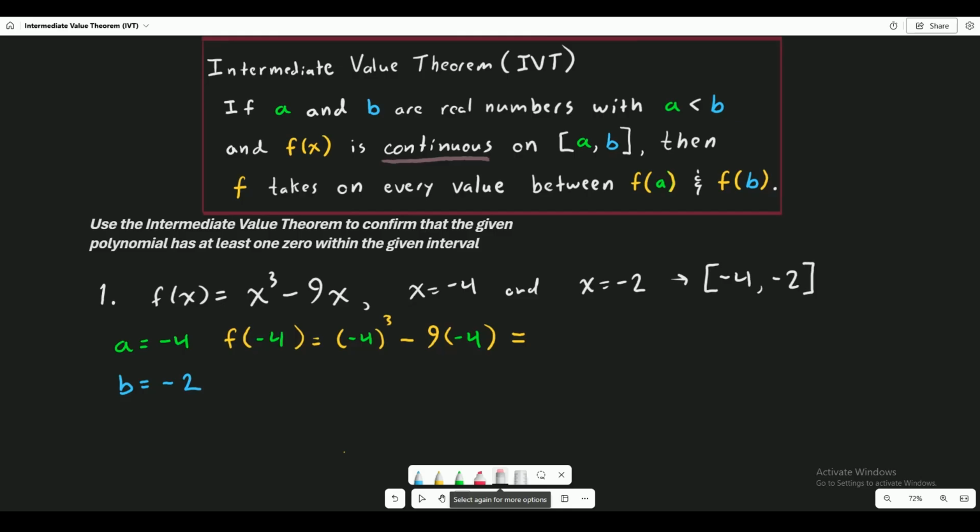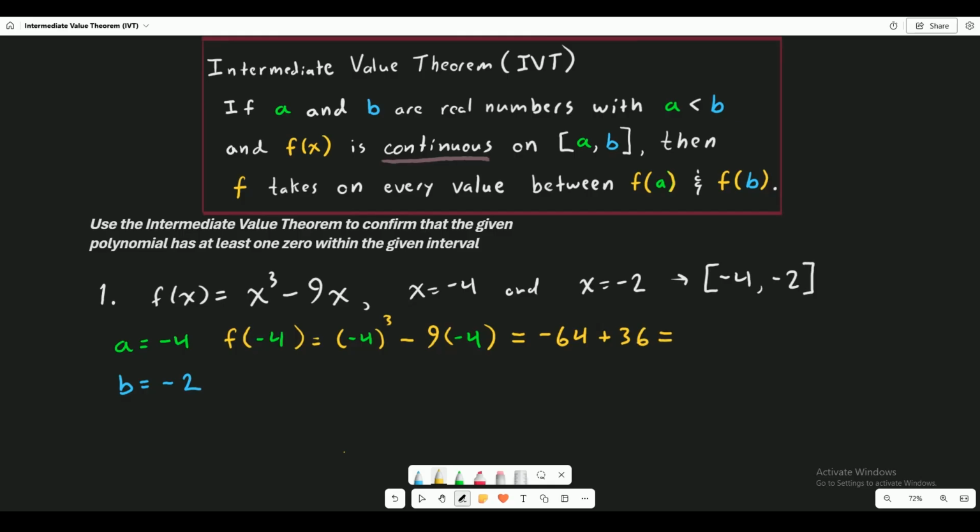-4 to the power of 3 is -64. So -64. And we have a -9 times -4, which gives me a positive number. And 9 times 4 is 36.